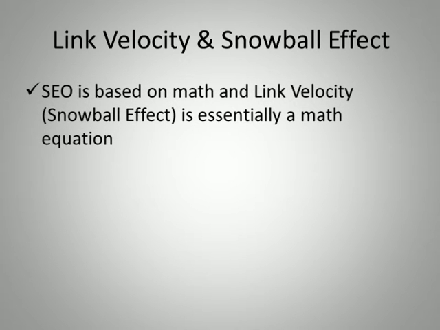All right, so SEO is basically math, right? It's linking diagrams. A lot of Google's algorithms are math. It's a lot of nerd stuff, and link velocity and what I call the snowball effect is essentially a math equation. That's really all it is.